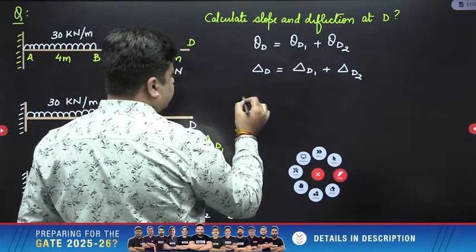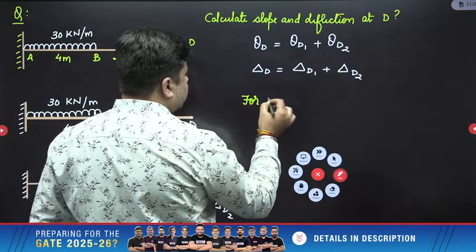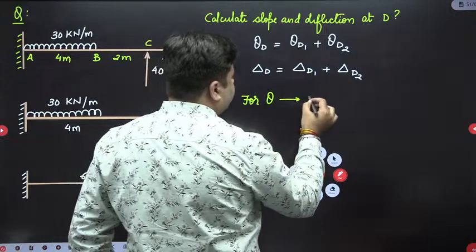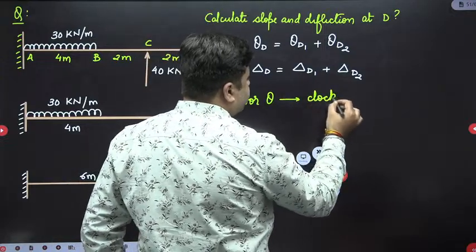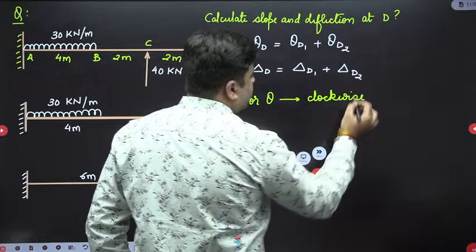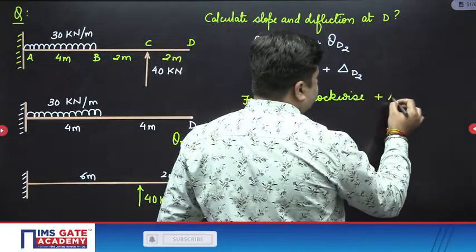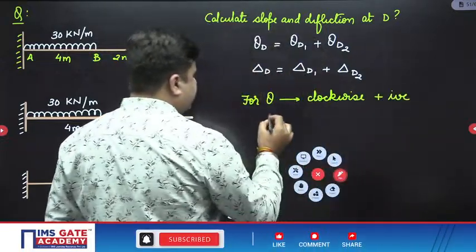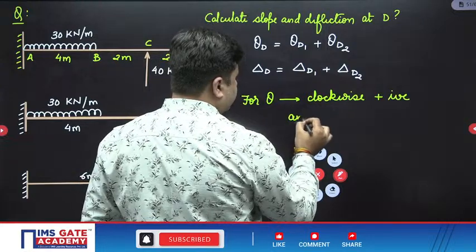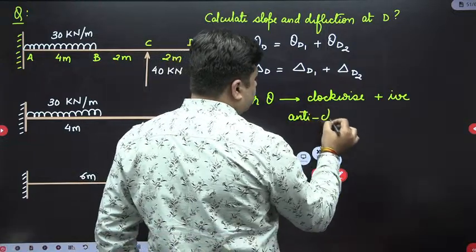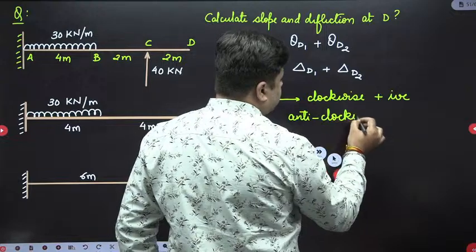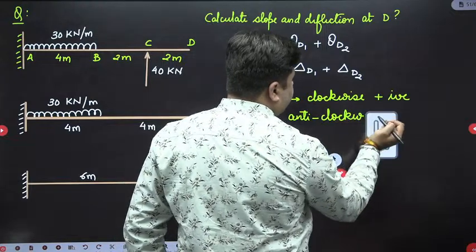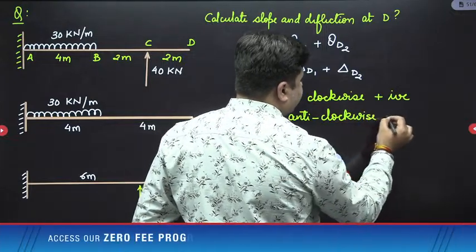For theta, clockwise is positive and anti-clockwise is negative.